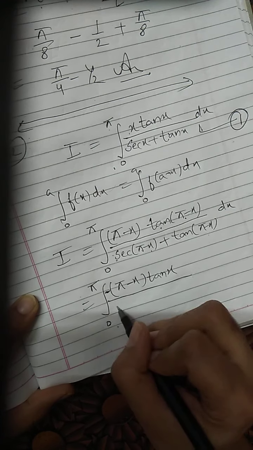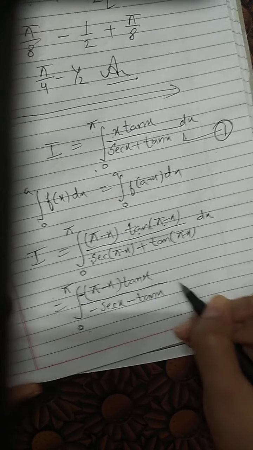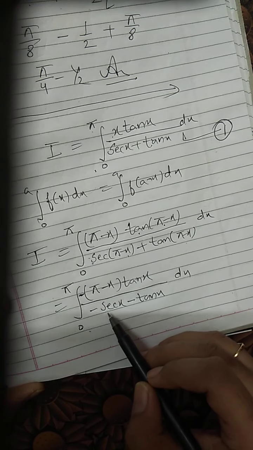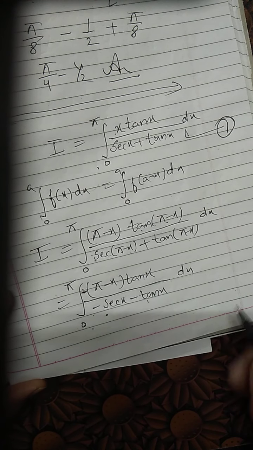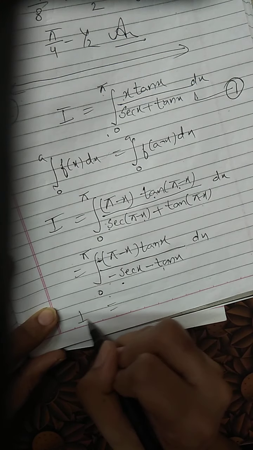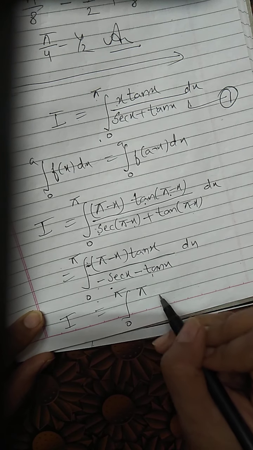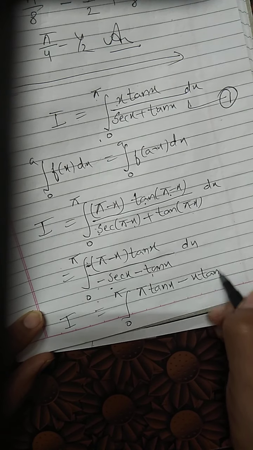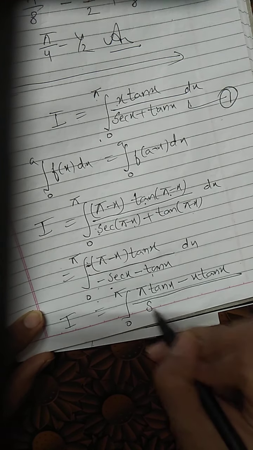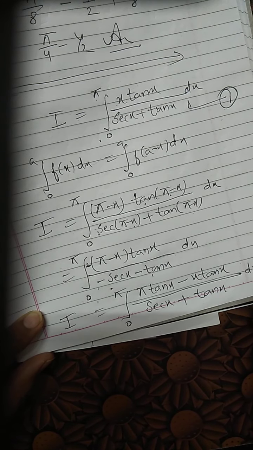Secant of pi minus x will be minus secant x, this also will be minus tan x dx. So if I take minus sign common from the denominator, it will get cancelled, and our integral will become 0 to pi, pi tan x minus x tan x divided by secant x plus tan x dx.